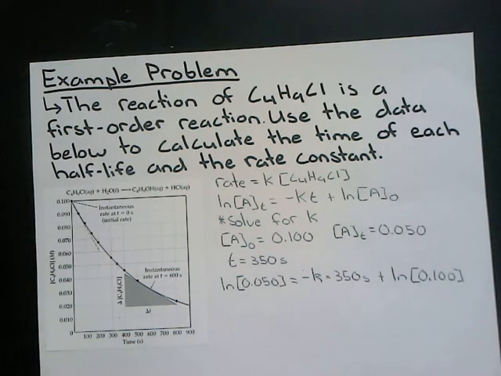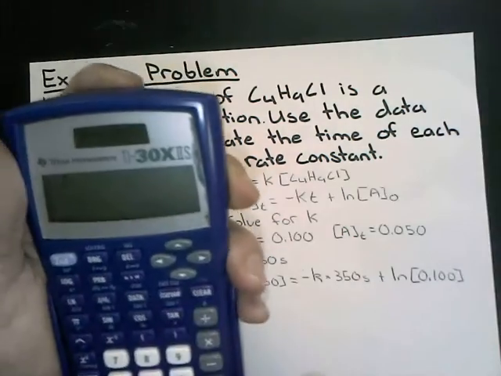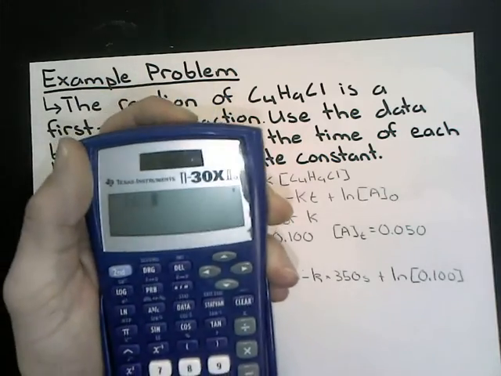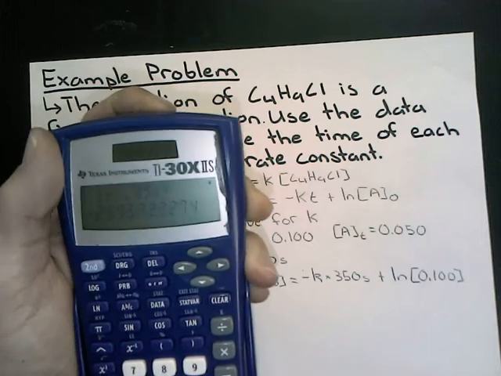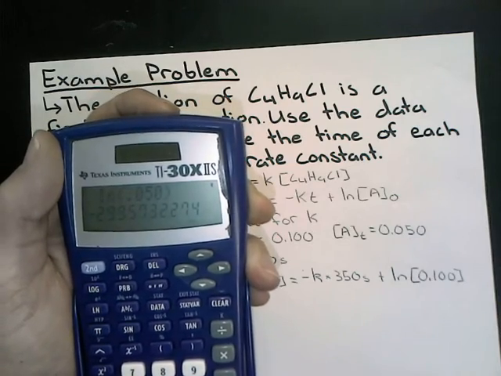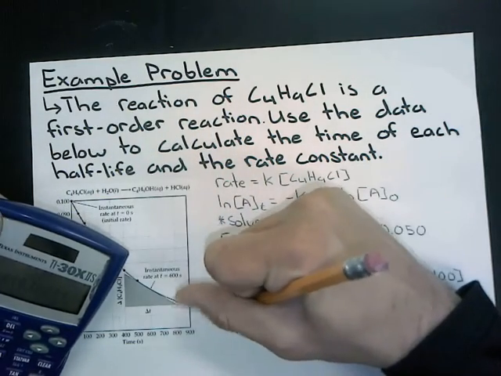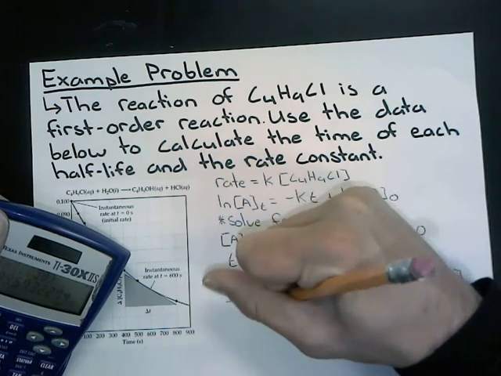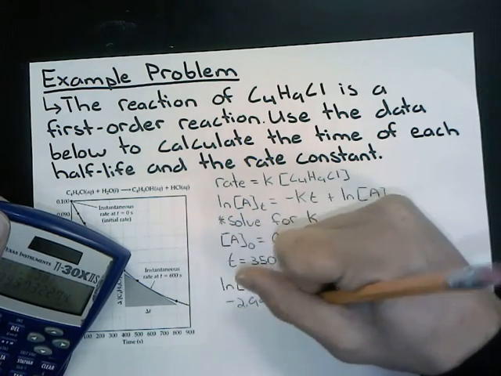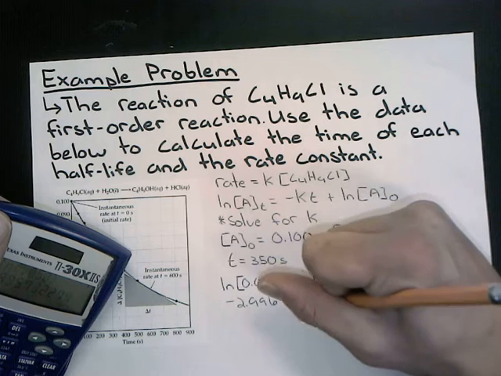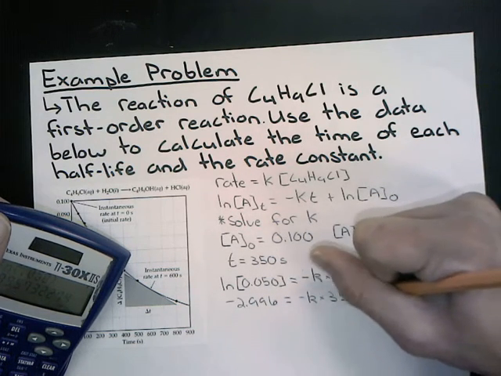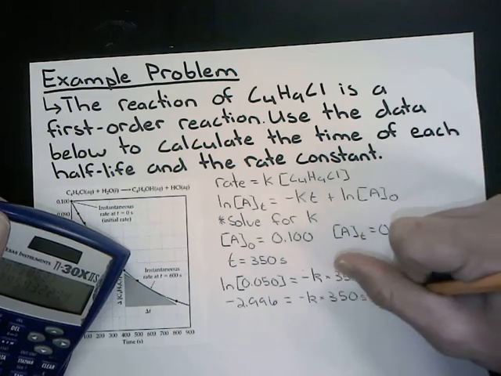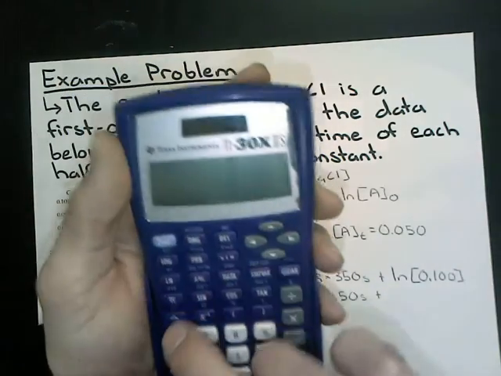Okay, now what I'm going to do is calculate this. Natural log of 0.050 is equal to negative 2.996. So negative 2.996 is equal to our negative K times 350. We'll get to that here in a second. And then we have plus our natural log of 0.10.